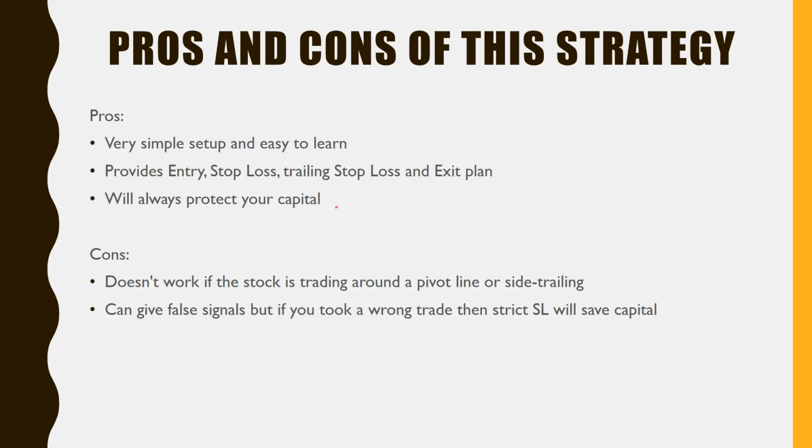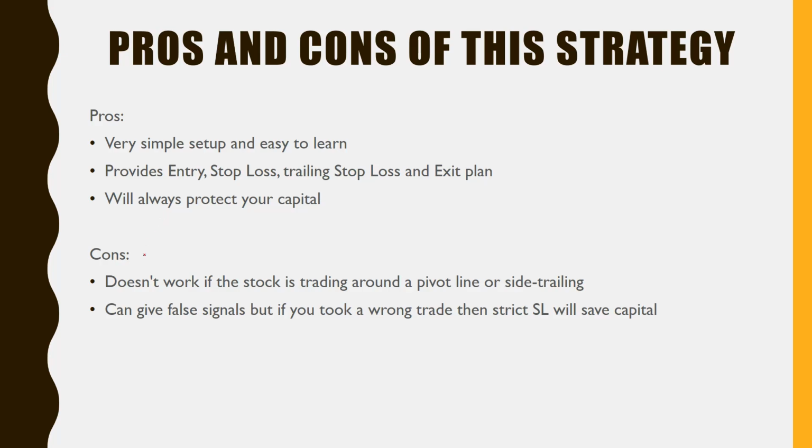So use the 12 period triangular moving average to set your stop loss, and it will always protect your capital. Even if you entered a bad trade, remember what I told you, once a crossover happens, it will stay there for at least 15 to 20 minutes, and even if your stop loss is triggered, the loss will be really less compared to any other strategy, I think.